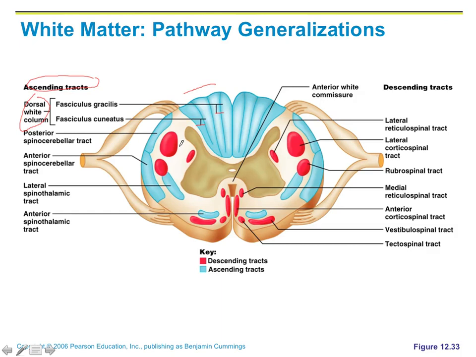What is the function of these two columns, the fasciculus gracilis and the fasciculus cuneatus? They detect fine touch and conscious proprioception. So they detect fine touch and conscious proprioception.